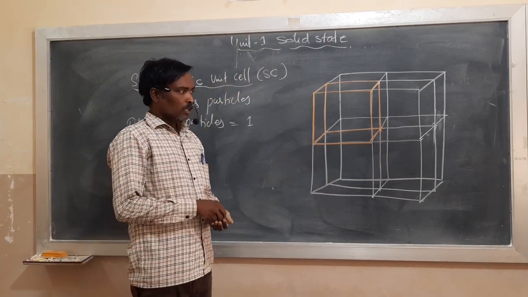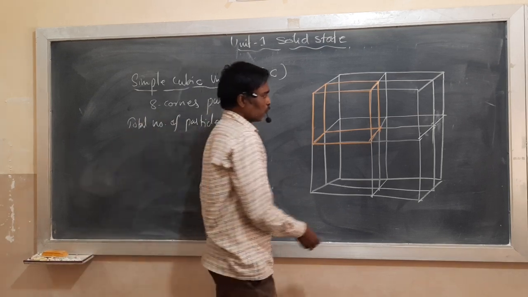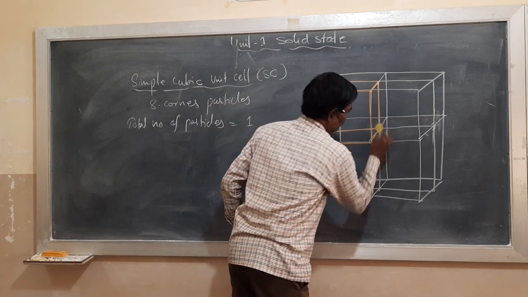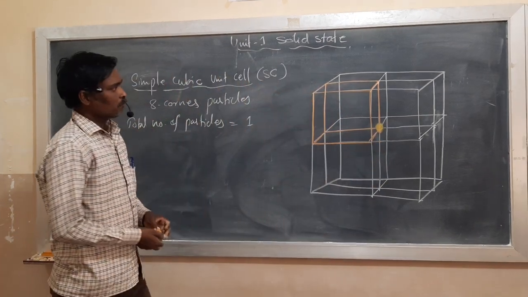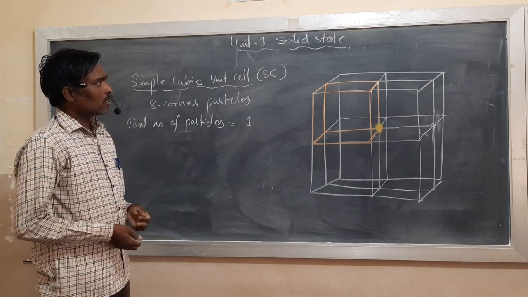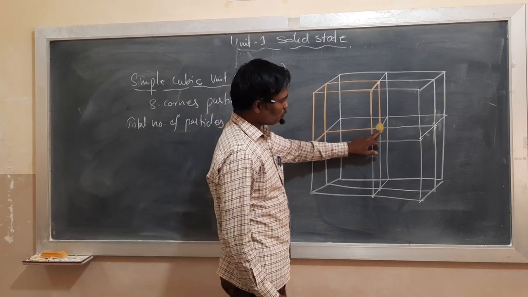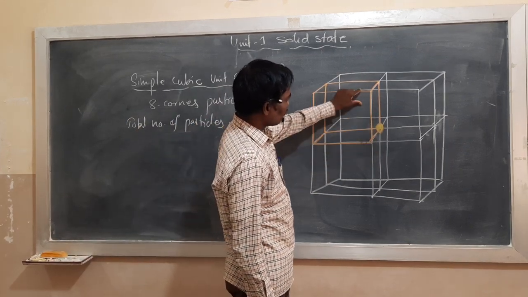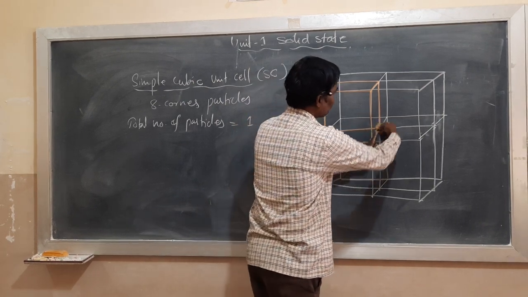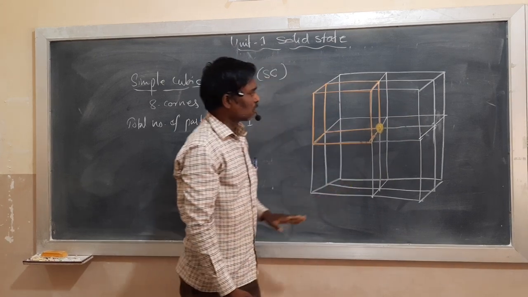Now, if I consider the particle which is present here, this particle is a corner particle. It is shared by the 8 unit cells. Some portion of this particle is also present in the first unit cell, and some portion of this particle is also present behind this side and behind other unit cells also.